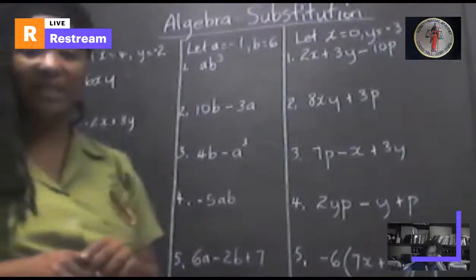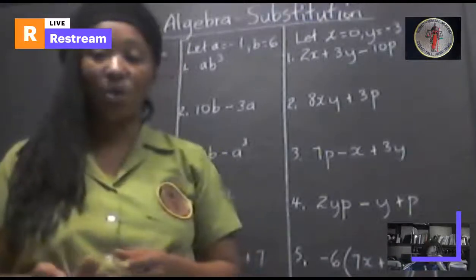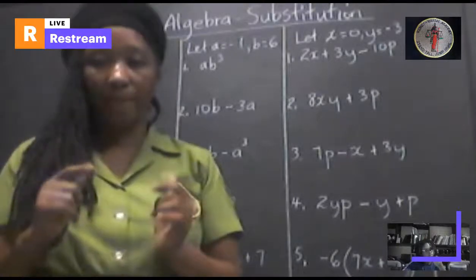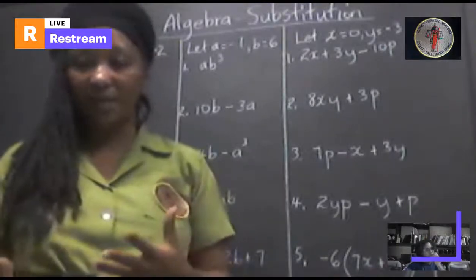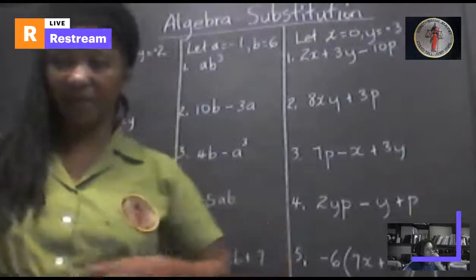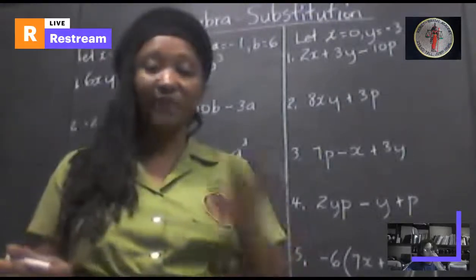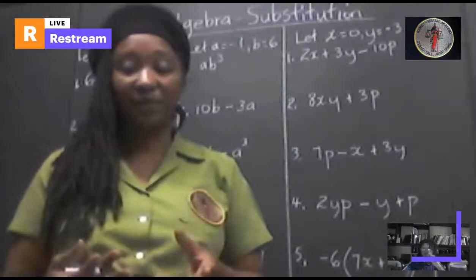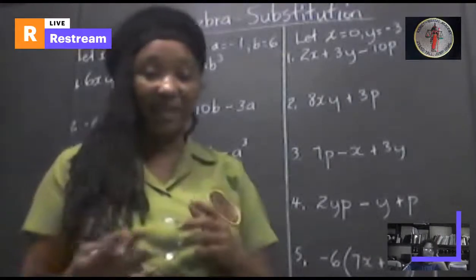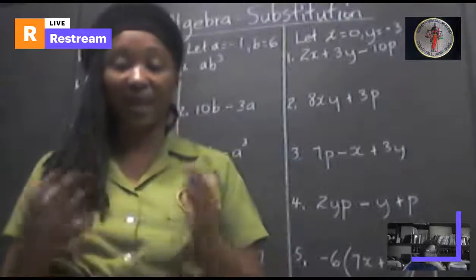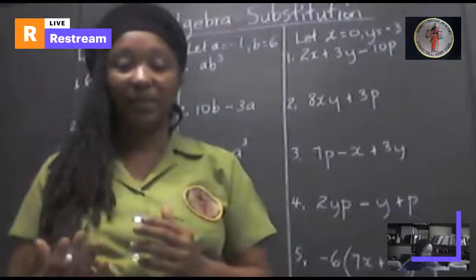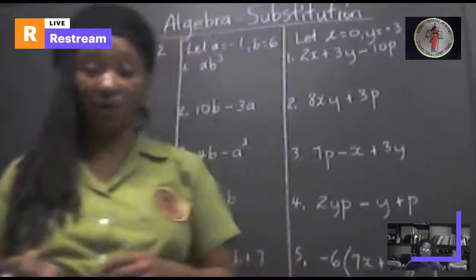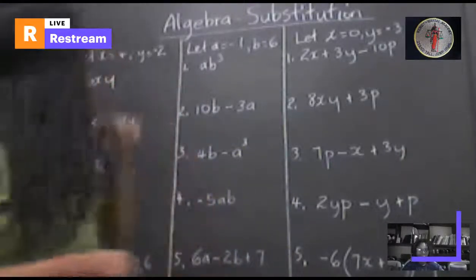So wherever we see x, we're going to put a bracket and put 4, if we're multiplying it by another variable or another number. If it's just by itself, we don't need the bracket. Unless it's a negative number, in some cases we have to put a bracket, because the answer can change, for example, if you're raising it to a power. So to be on the safe side, we use the bracket.